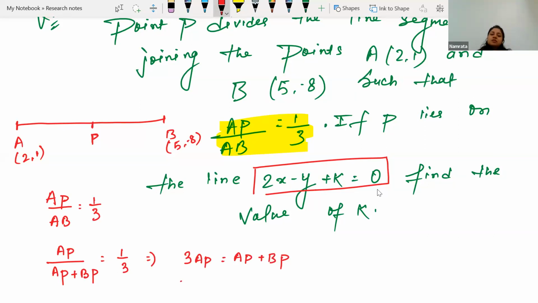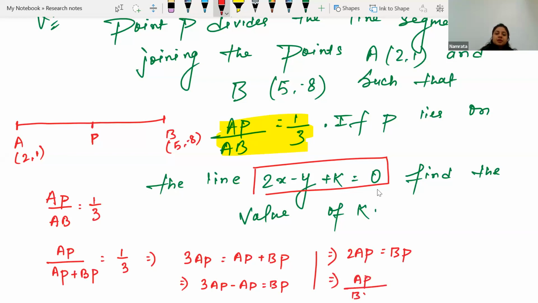So 3AP, and both the AP I am going to keep on one side to do the calculation. So 3AP minus AP is equal to BP, which gives us 2AP is equal to BP, which gives us AP over BP is equal to 1 is to 2.